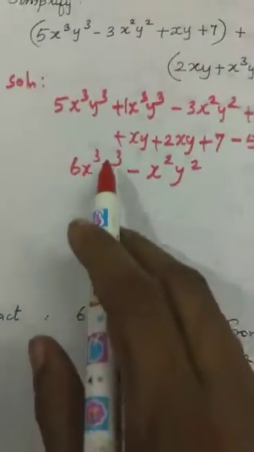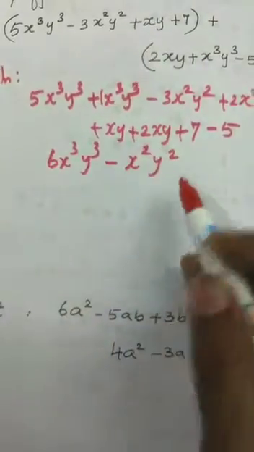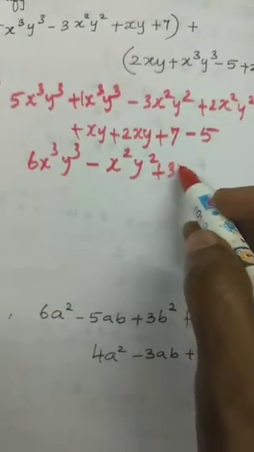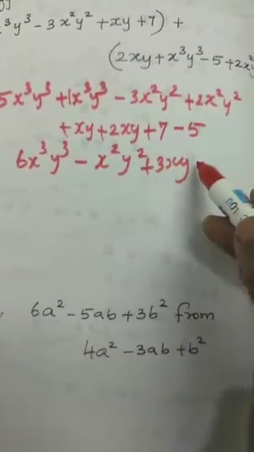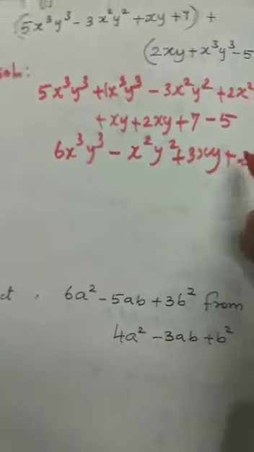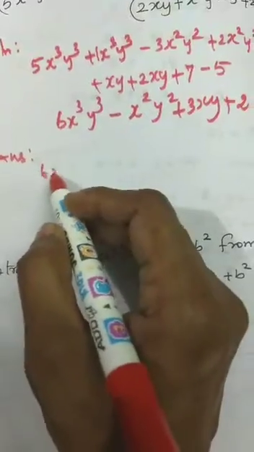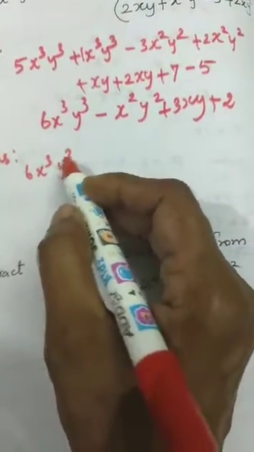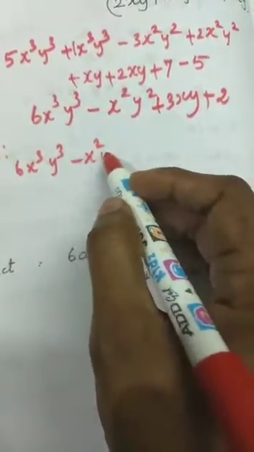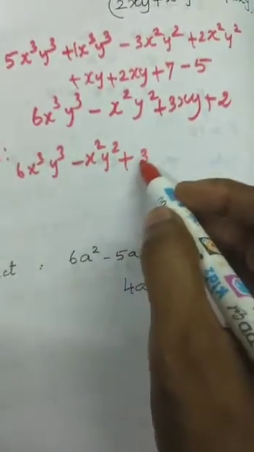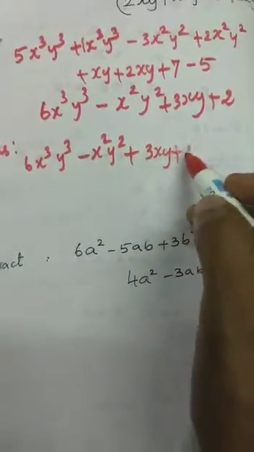Then here 1xy plus 2xy, 3xy. 7 minus 5 is plus 2. So the answer is 6x cube y cube minus x square y square plus 3xy plus 2.